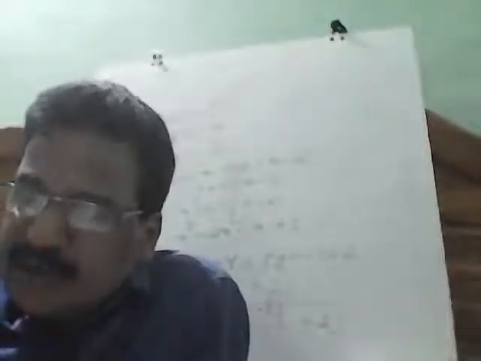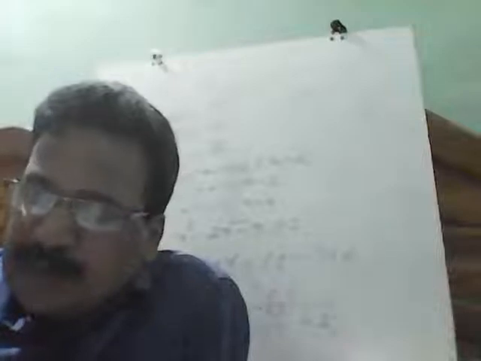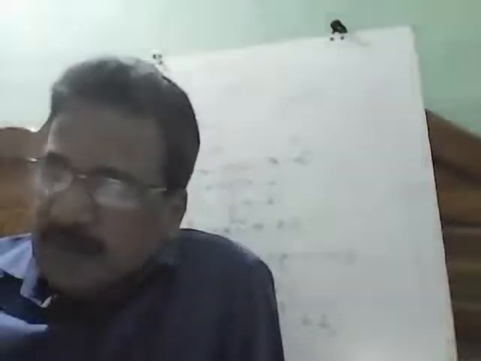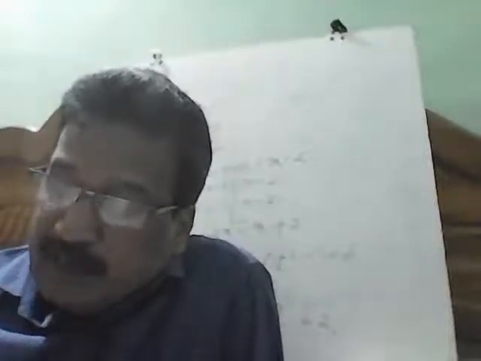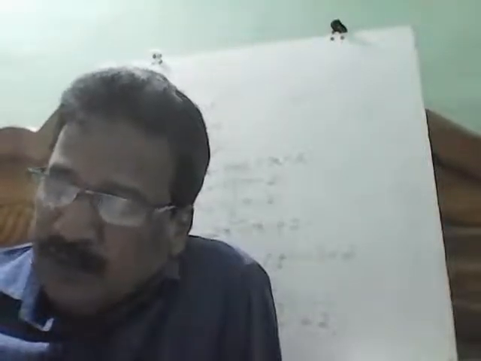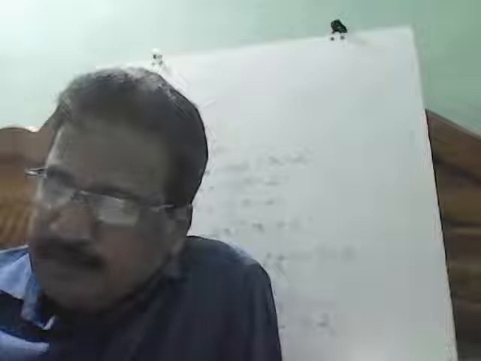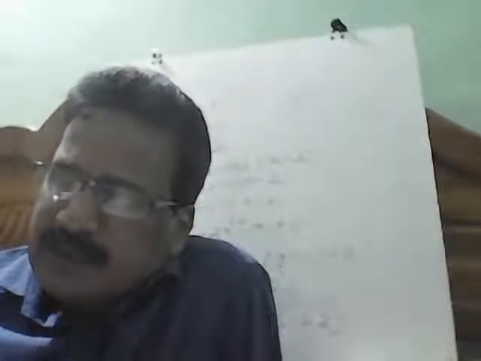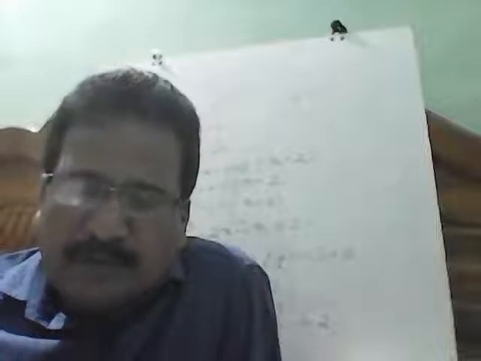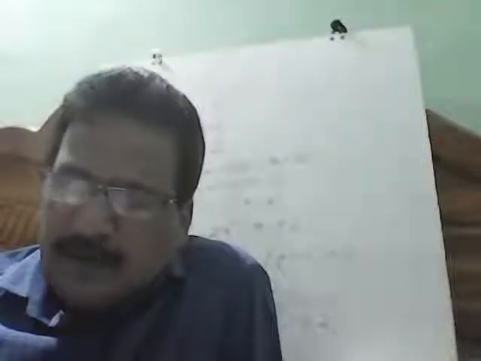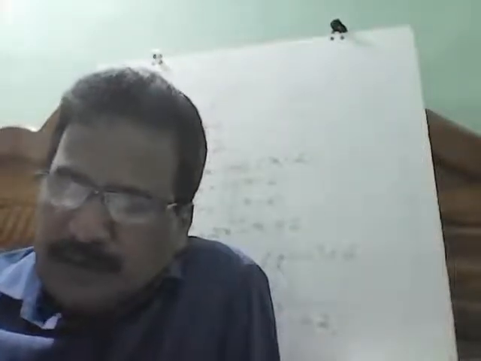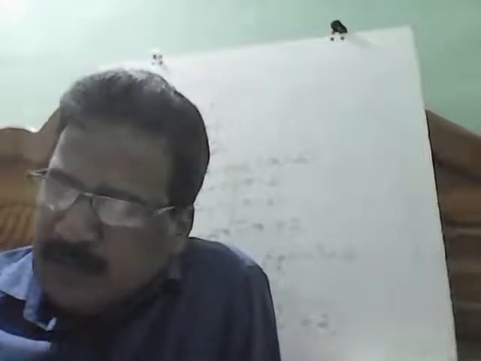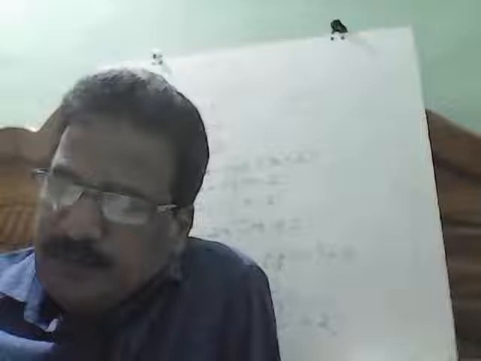To verify 3 is a zero, in the place of x write down 3 and calculate. Check, p of 3 will be 0. Similarly, in the place of x write down minus 1, and p of minus 1 is also 0.